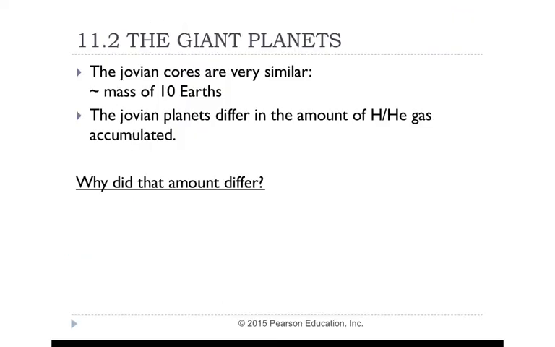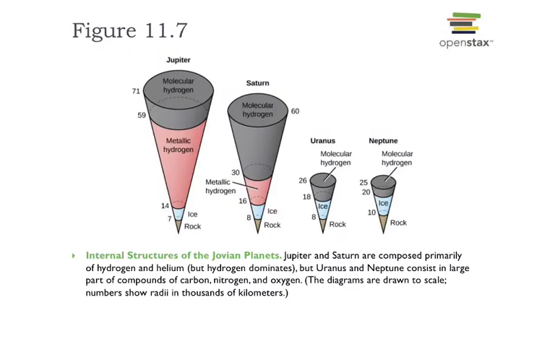So the giant planets' Jovian cores are very similar, with a mass of about 10 Earths. But they do differ in the amount of hydrogen and helium gas that's accumulated. So why do these differ slightly? Let's look first at the interior and how they differ.